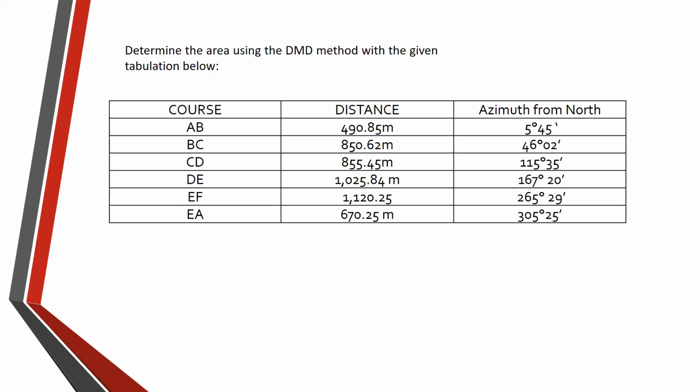And kailangan natin talagang kunin yung latitude and departure dahil nga we will use the DMD method. Okay, very good. So again, titingnan nyo pa kung adjusted siya or hindi siya adjusted. Kung merong linear error, kailangan yung i-adjust. Okay? Then, mako-compute nyo na yung DMD natin.